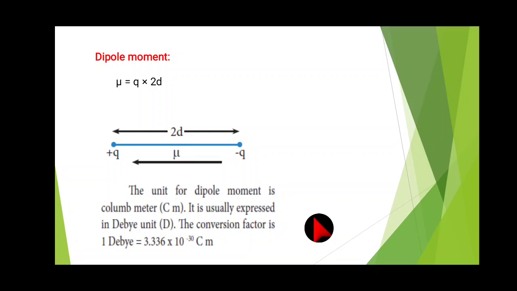Some examples we can see. Diatomic molecules such as hydrogen, oxygen, fluorine have zero dipole moment. These are called non-polar molecules. Zero dipole moment means non-polar molecule.